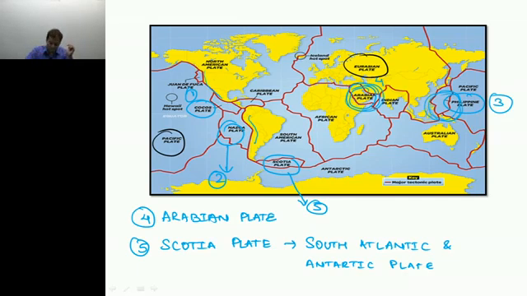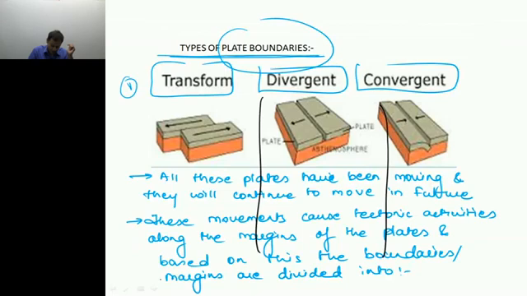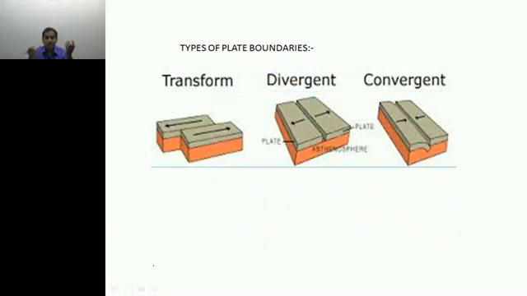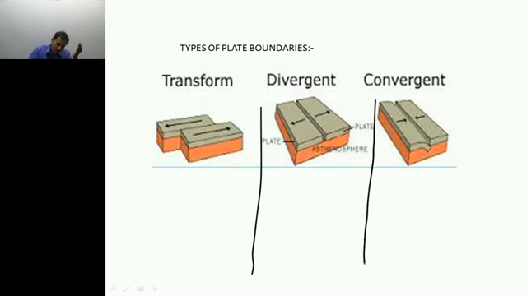These plate movements are classified into 3 types. The first is transform movement, and hence we call it a transform plate boundary. The others are divergent plate boundary or divergent movement, and convergent plate boundary or convergent plate movement. In the transform plate boundary, there is neither creation nor destruction of the plate, but they are associated with powerful earthquakes.